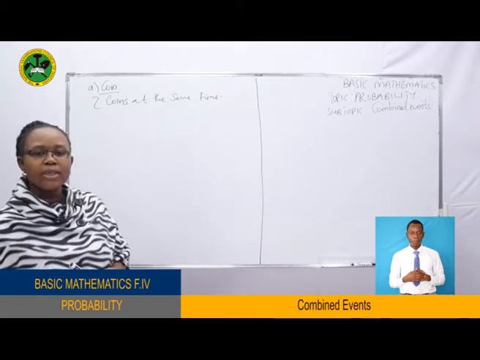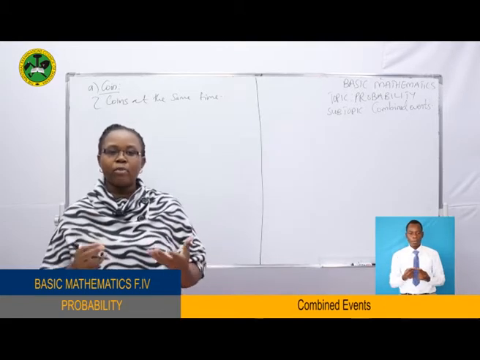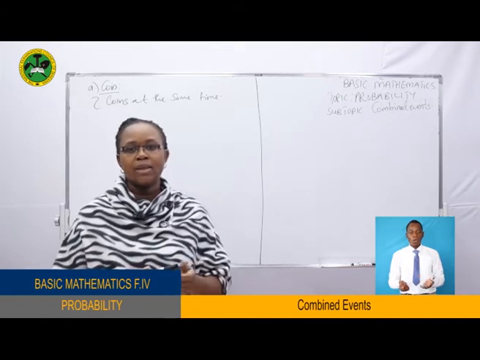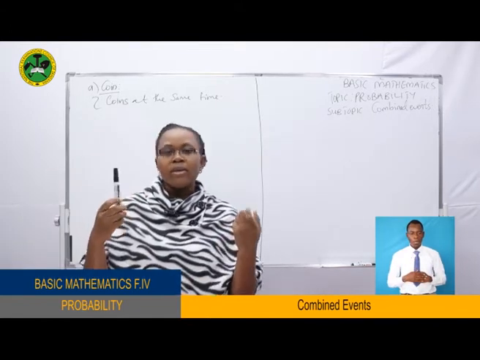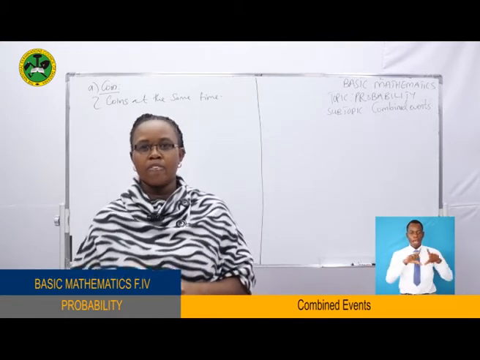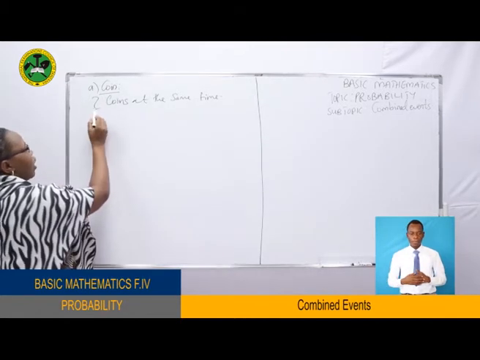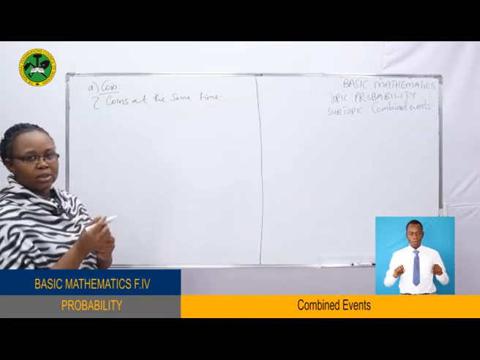When you toss two coins at the same time, how do you find the possibility set? You can find the possibility set by using either a table or a tree diagram. By using a table, you have two coins which you have tossed.